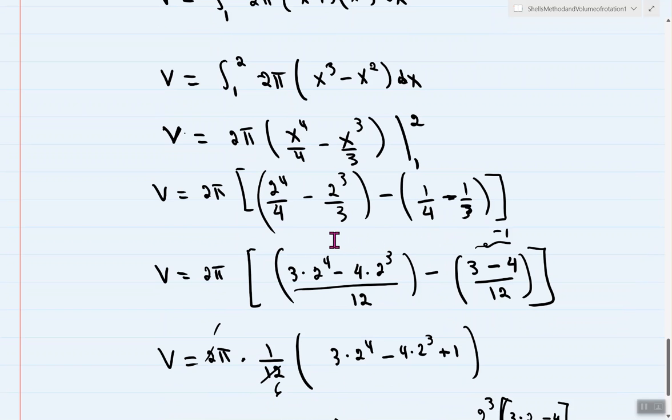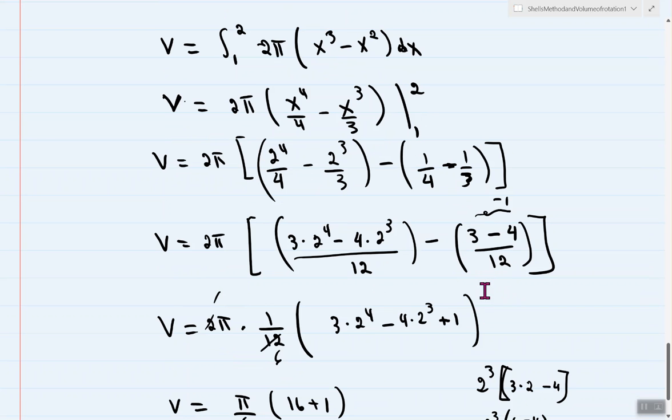What I did here was find the common denominator: you get 3 times 2 to the 4th, and then 4 times 2 to the 3rd, all divided by 4 times 3, which is 12. Similarly, I found the common denominator here, which is 12, and the numerator gets 3 minus 4.